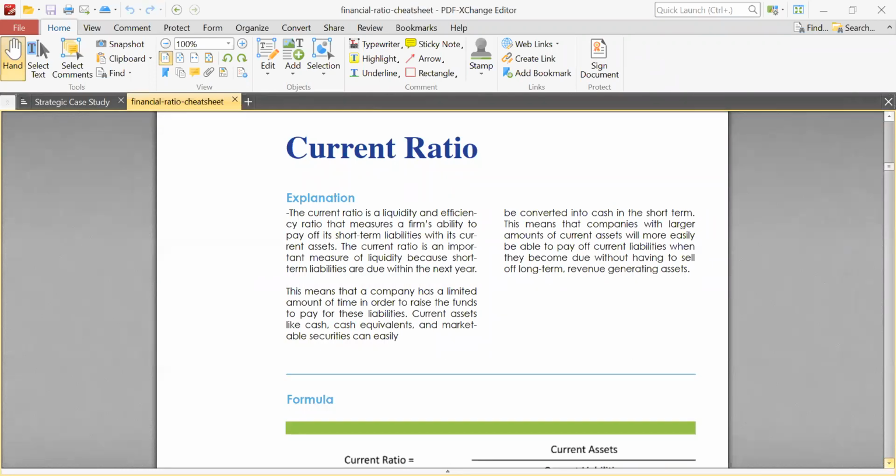The current ratio is quite similar to the quick ratio, in the sense that you are looking at how quickly you can pay off your current liabilities using your entire current assets, or your total current assets.